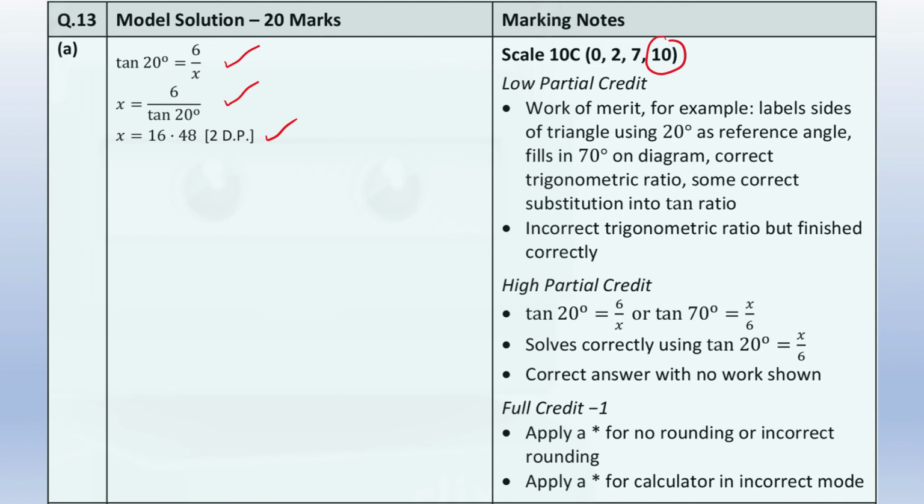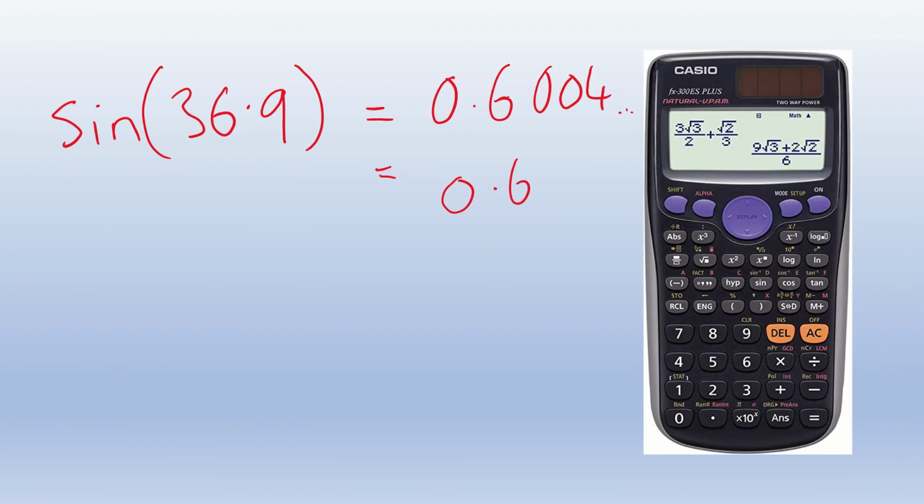But looking at our marking scheme, we would have lost a mark if we didn't round our answer. And we would have lost a mark if our calculator was not in the correct mode. If I go back to the picture of my calculator, you'll notice that on your calculator you should have the letter D in bold up on top.